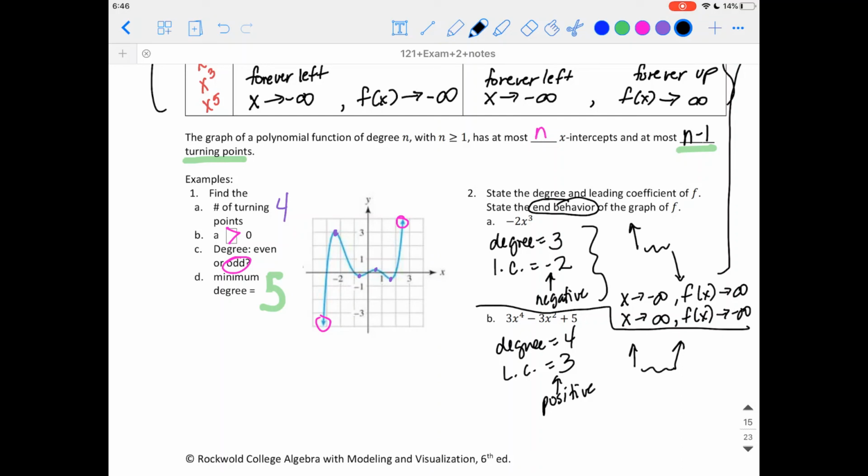I'm not sure what's happening in the middle as to hills and valleys. So using that graph, as x heads towards forever left, my y values are headed forever up. And as x heads towards forever right, my y values are headed forever up.